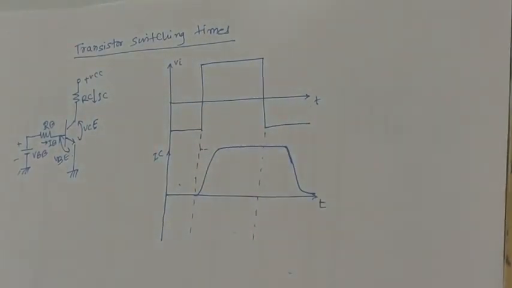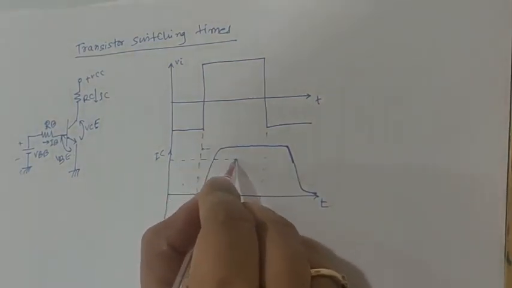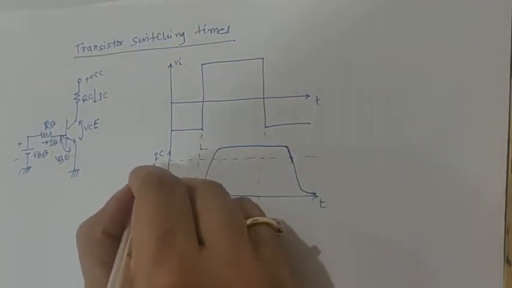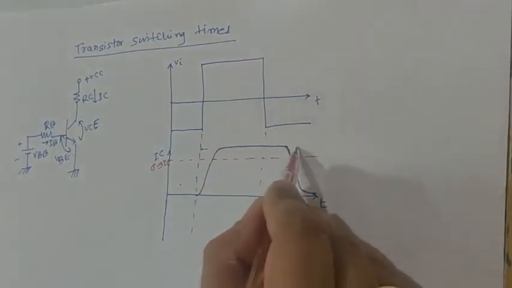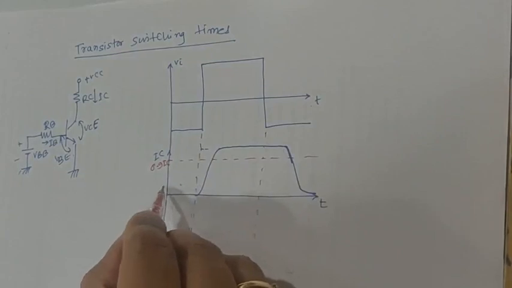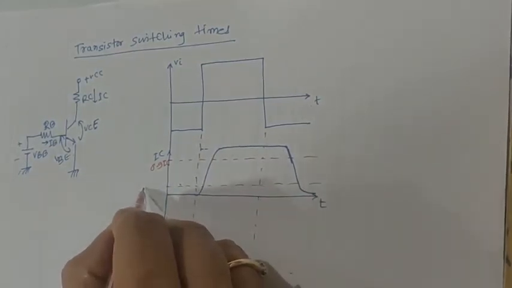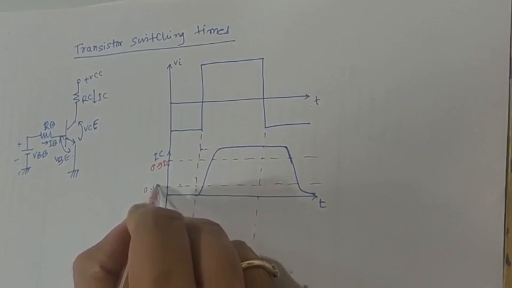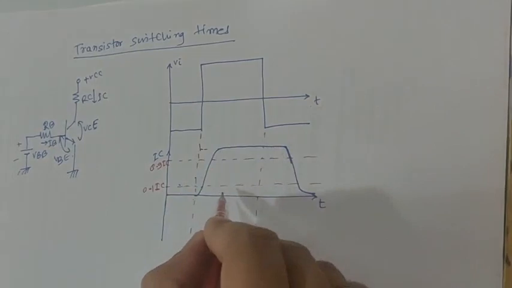This is the diagram that you will be getting as an output waveform for the collector current, remember. Now see, there are certain times that you need to consider here, and I am marking it. So this is your 0.9 times IC, means 90% of the maximum value of IC. Similarly, I am marking 10% of IC, so it is 0.1 times IC, 10% of the maximum value of IC.